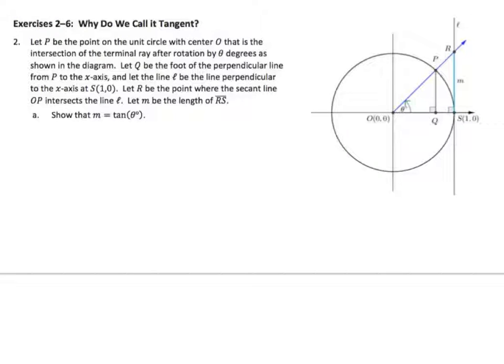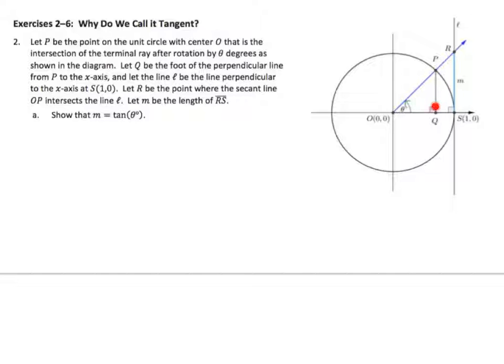Okay, why do we call this function tangent? We explained in one of the first few slides what tangent means. It's a line that touches a circle in just one point. So let's do a little bit of discovery here. First of all, let P be the point on the unit circle with center O that is the intersection of the terminal ray after rotation by theta degrees, as shown in the diagram.